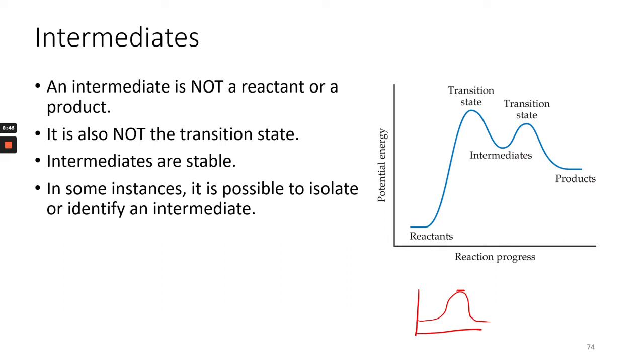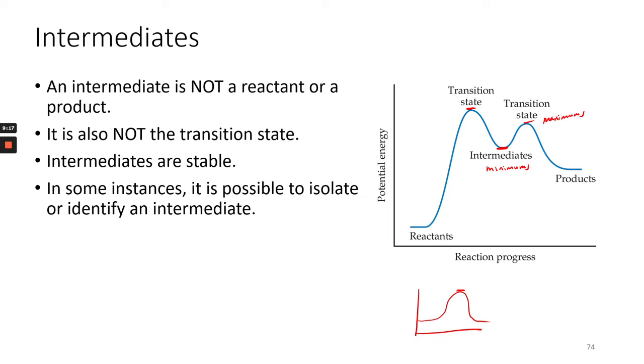Your intermediates are minimums in the plots, and your transition states are maximums. A transition state is when your molecule has enough energy to react. These are very unstable and will disappear immediately, so you cannot isolate or separate them from the reaction. Your intermediates can hang around a little bit, so you can separate them if you want.